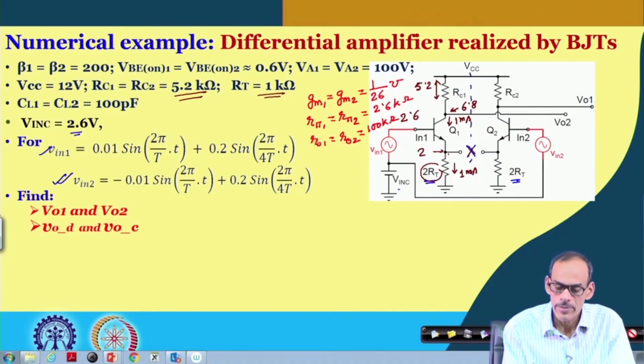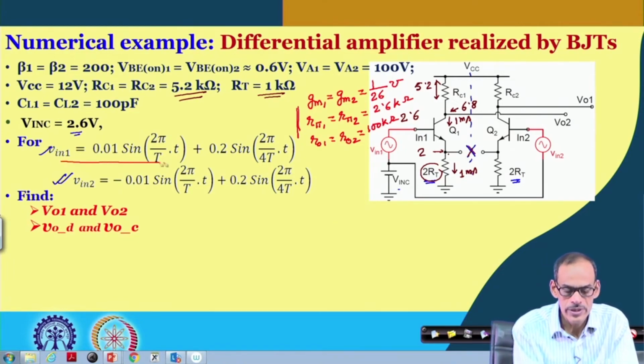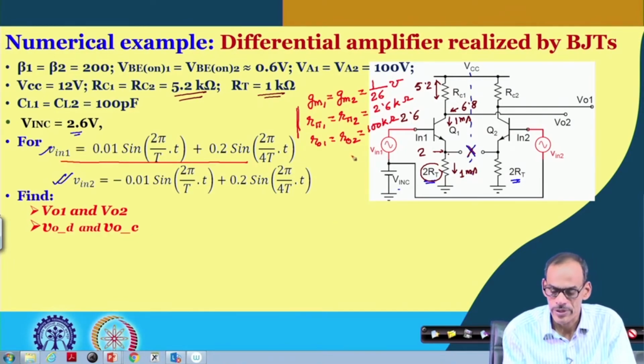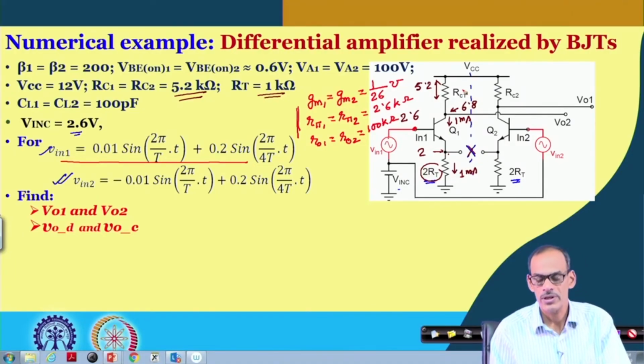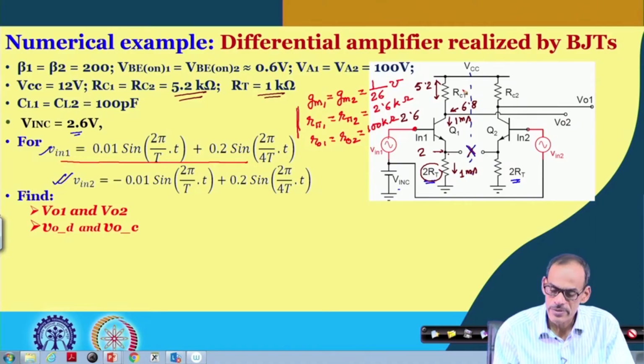Now, with these parameters, I have a signal Vin1 coming here. What do we expect? The left half is completely isolated, so just by analyzing this left part we can calculate the signal coming here and the signal coming here. Okay.